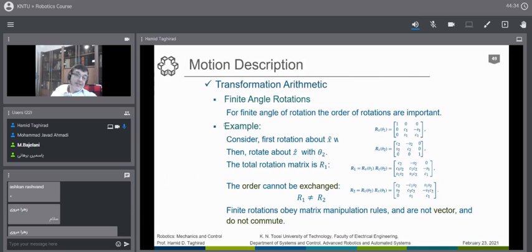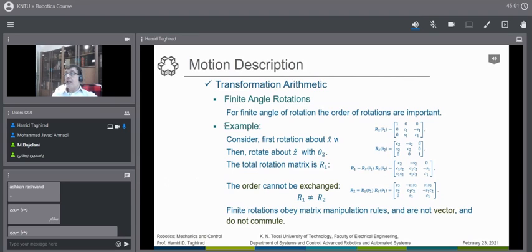Is it commutative? In vector manipulation we have the commutativity property: if we are adding two vectors, it is not important to add the first to the second or the second to the first. But in matrix manipulation, the order is important and you cannot change it.